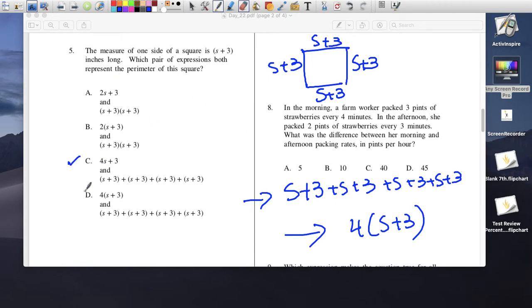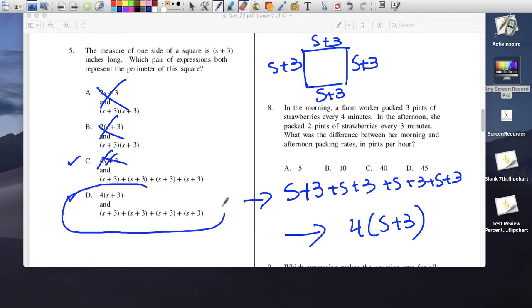So this is a potential one. This is a potential one. This has 2 times s plus 3. It's not. It's 4 times because the square has 4 sides. So that's garbage. And this one, 2s plus 3, makes no sense. Garbage. Between C and D, C has 4s plus 3 and D has 4 times s plus 3 in parentheses. C has 4s plus 3, that's definitely wrong.